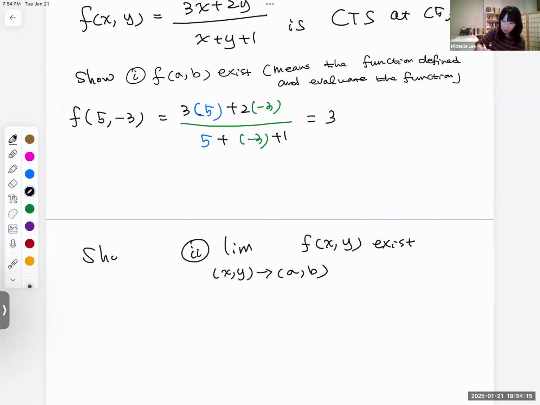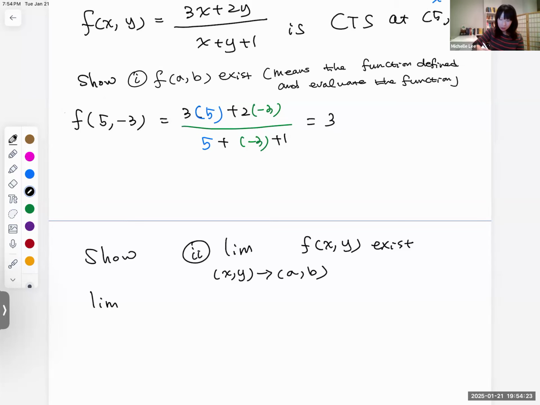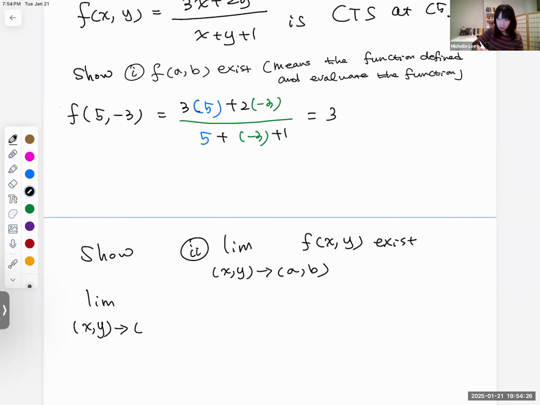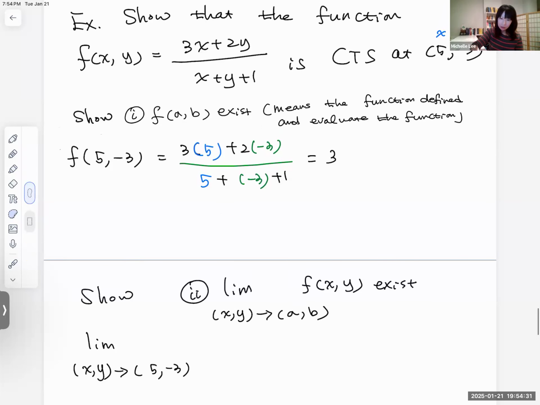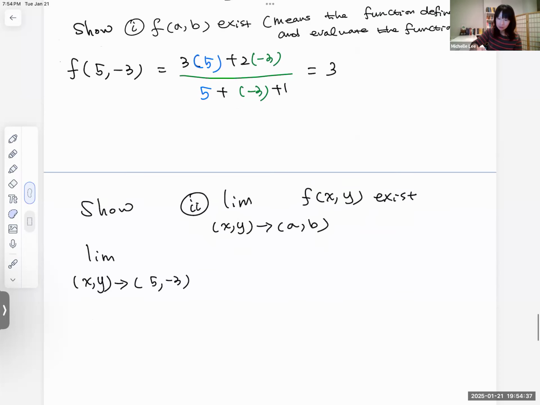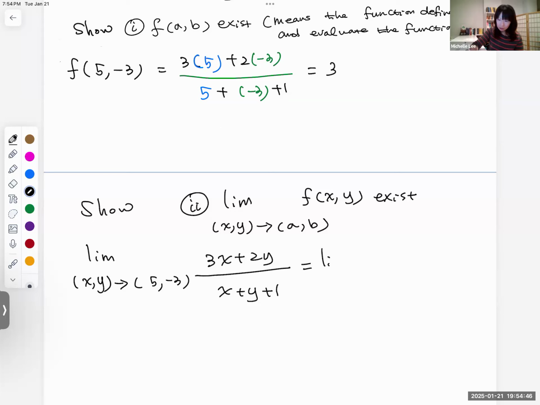We're using the limit when x, y approaches (5, -3), equal to the limit as x, y approaches 5, -3.